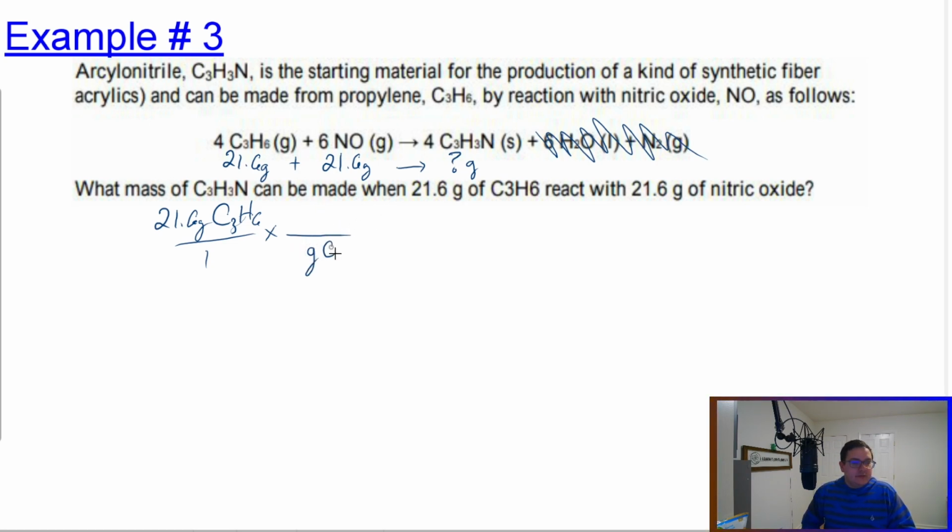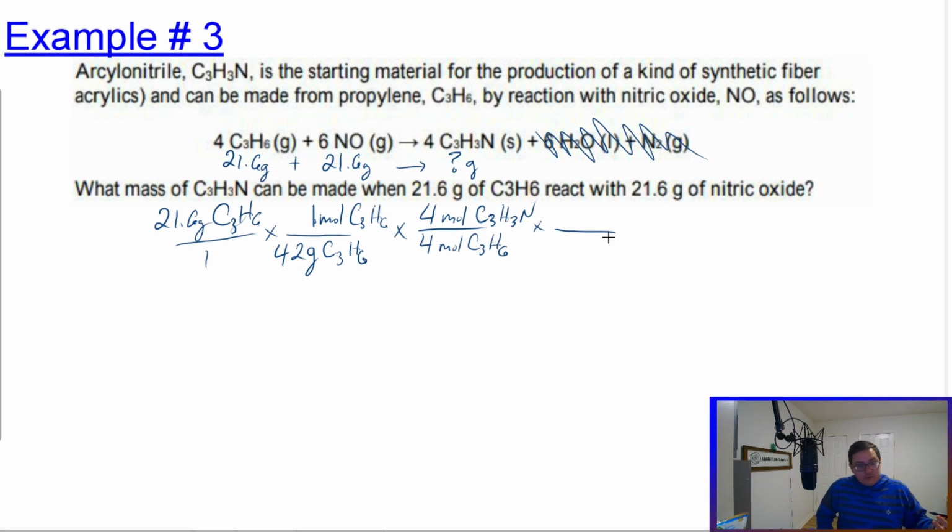So grams C3H6 for 1 mole C3H6. Well, that mass is going to be 12 times 3, so 36 plus 6 should be 42. All right, for every 4 moles of C3H6 we have in our chemical reaction, we actually produce 4 moles of C3H3N. Okay? Looks good to me so far.